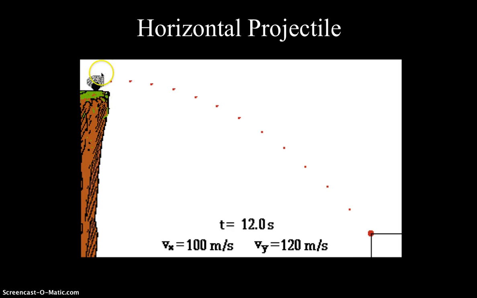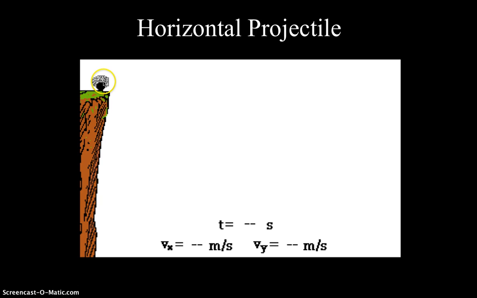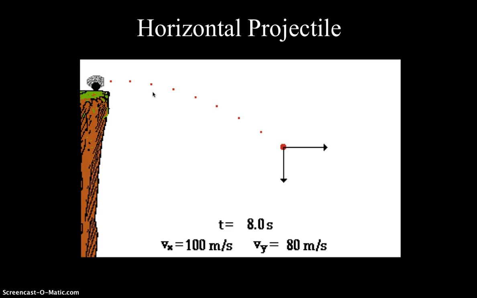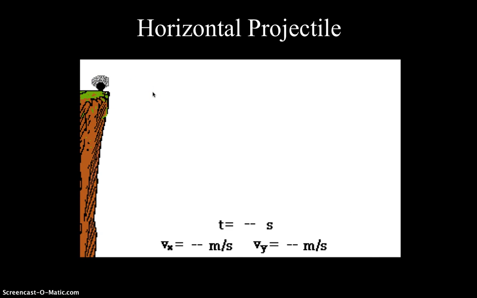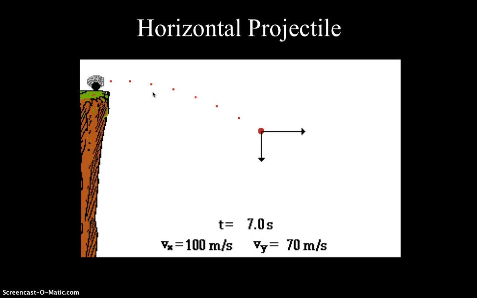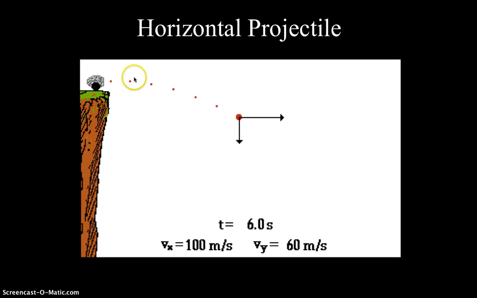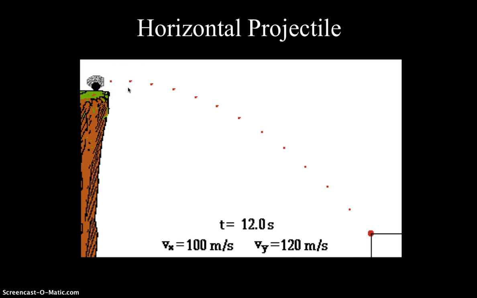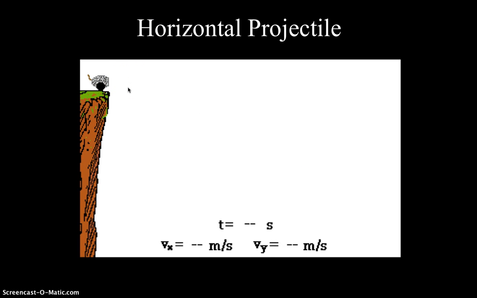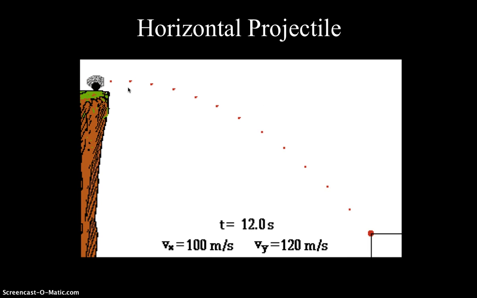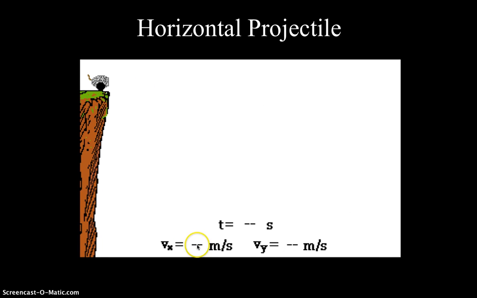All the forces were applied at the beginning to propel this cannonball out of the cannon. As soon as that force has been spent, the velocity is constant, because as you remember, force causes acceleration, and acceleration causes a change in velocity. Because there are no additional forces acting on the cannonball, it will not accelerate.